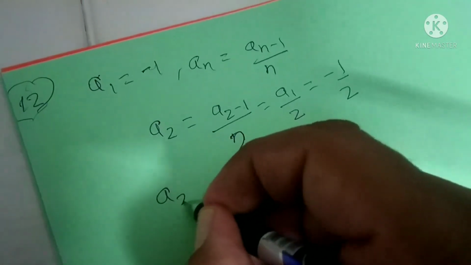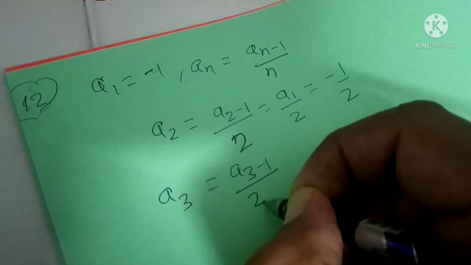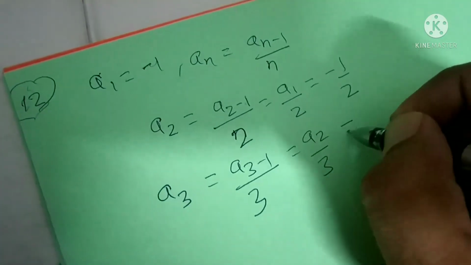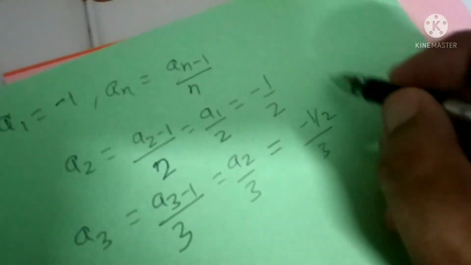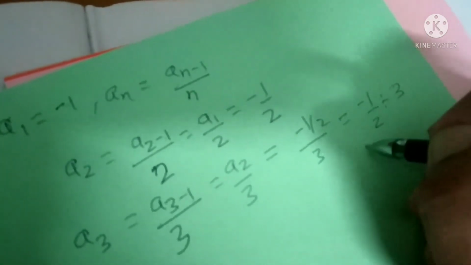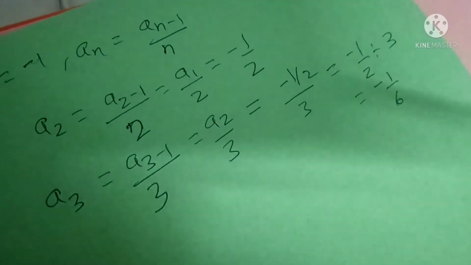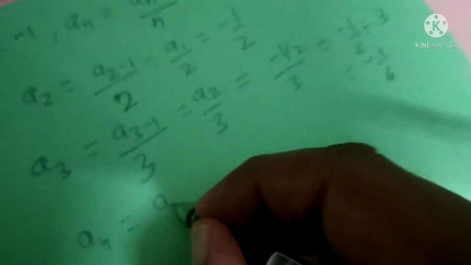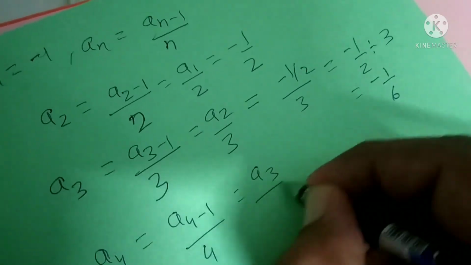So what is a3? a3 is equal to a_(3 minus 1) divided by 3, equal to a2 divided by 3. This is equal to minus 1 by 2 divided by 3. So this is equal to minus 1 by 6. Okay, so a4 is how much? a4 is equal to a_(4 minus 1) divided by 4, equal to a3 divided by 4.